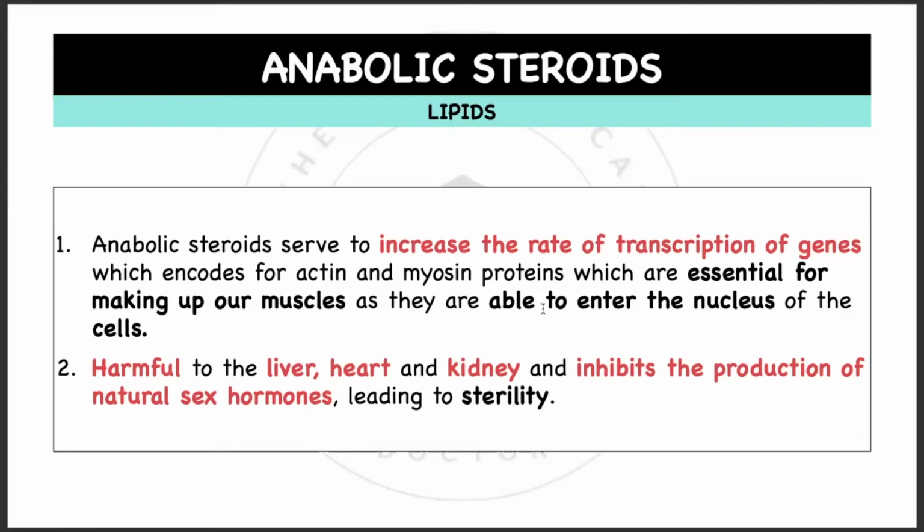So basically, these anabolic steroids serve to build the muscles, and why they are able to do that is because they're able to enter the nucleus of the cells. In the nucleus of the cells we have the DNA, and from there they're able to increase the rate of transcription of genes.